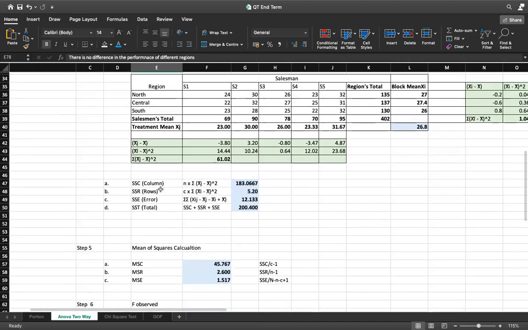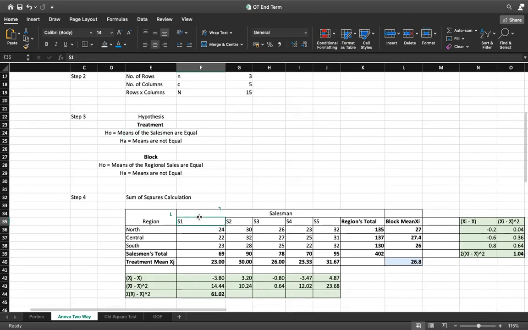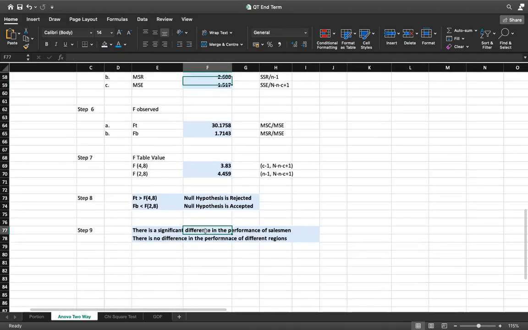The null hypothesis that we defined for the first one was that the means of salesmen are equal, but we're rejecting this. So basically that means there is a significant difference in performance of salesmen. Obviously the way salesman one performs is very different from how salesman five is performing, or any other. We don't know exactly which salesman is doing better than what, but we just know that they're not performing the same.